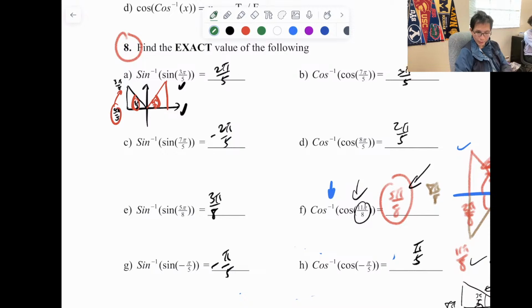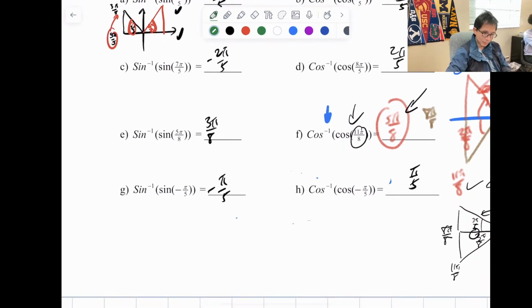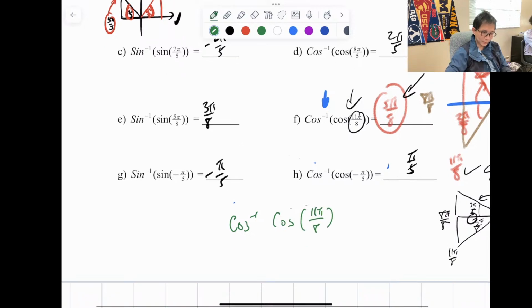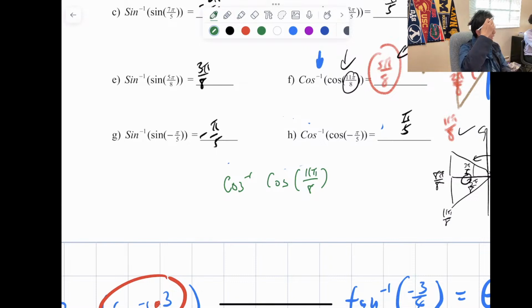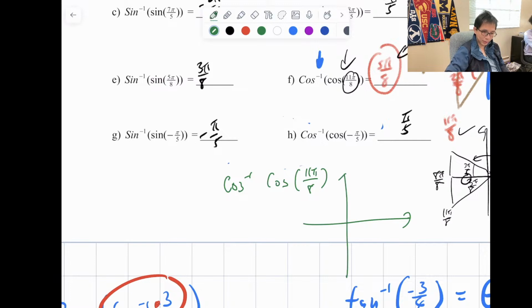Okay. I thought it's a good choice. Because if you do cosine inverse of cosine of 11 pi over 8, first of all, you have to determine which quadrant 11 pi over 8 is in. Third. Good. So that's going to be the third quadrant.